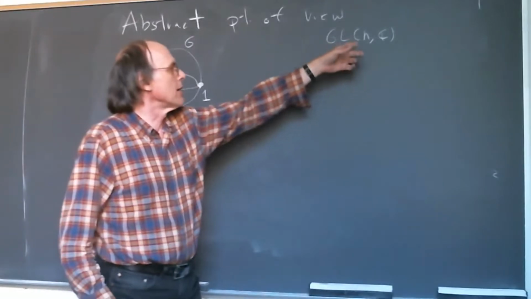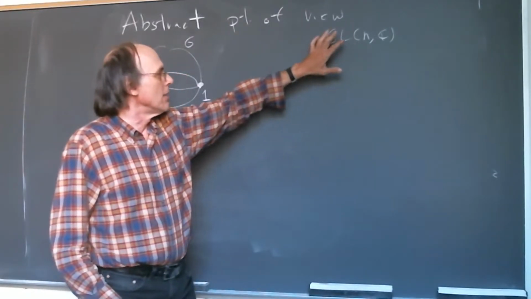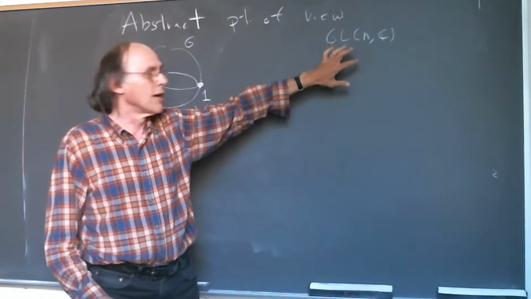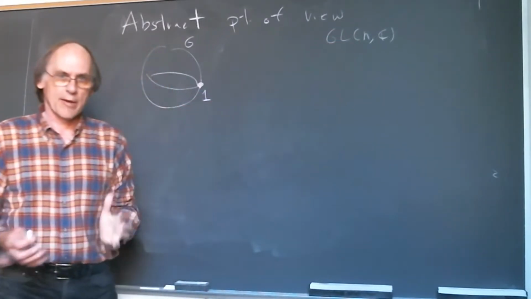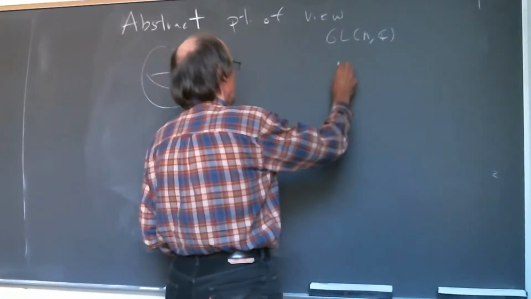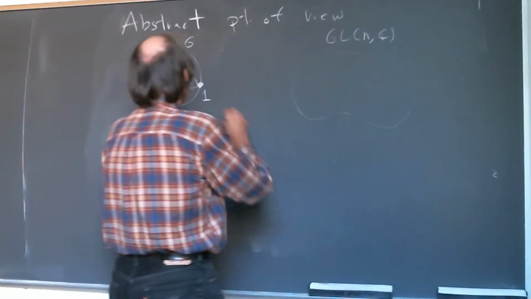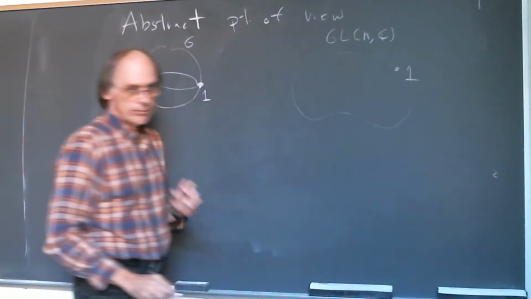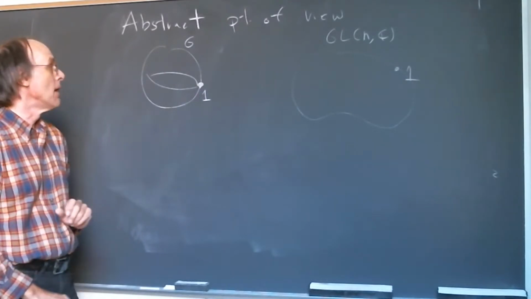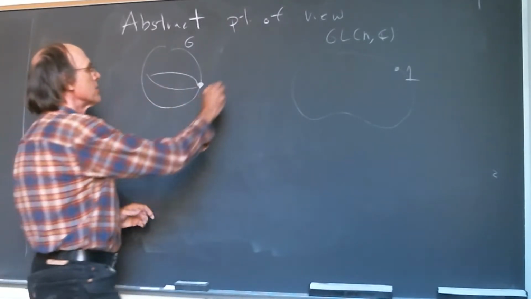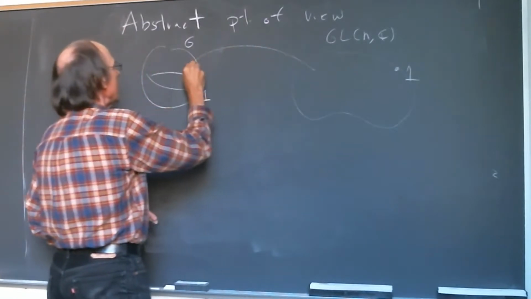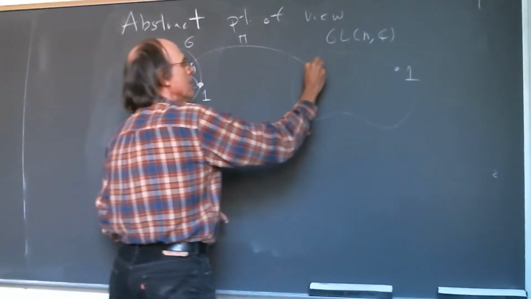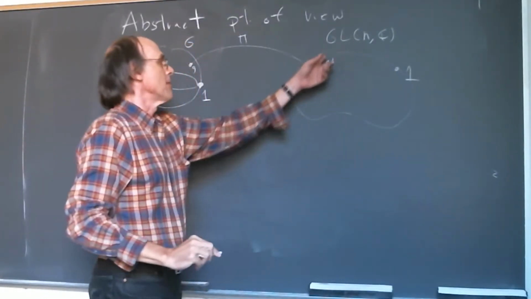It's probably better not to think too hard about what GL(n, C) looks like as a manifold, but it's just some space, and again it has a distinguished point, the identity. Okay, and so pi is just some map that takes you from here to here. So this is G, pi of G. This is just some invertible matrix.